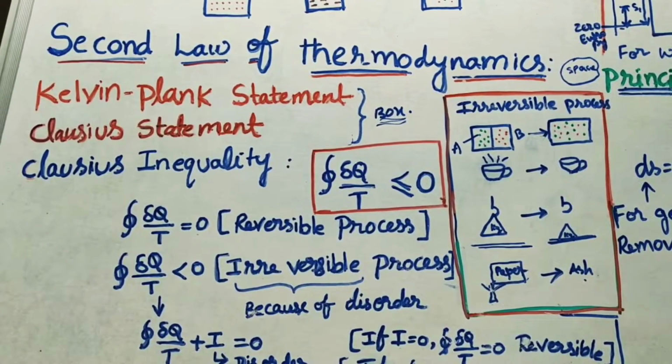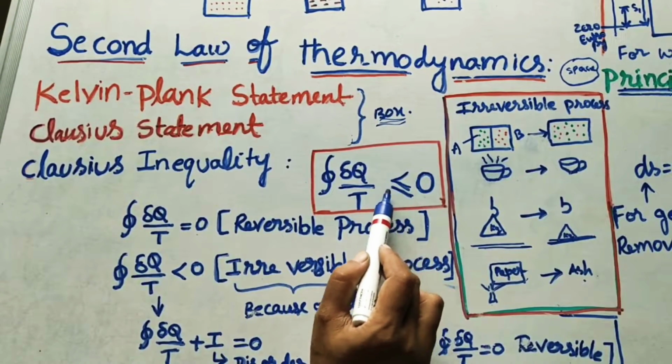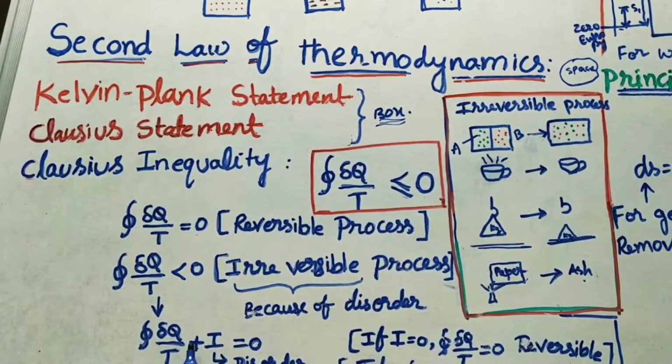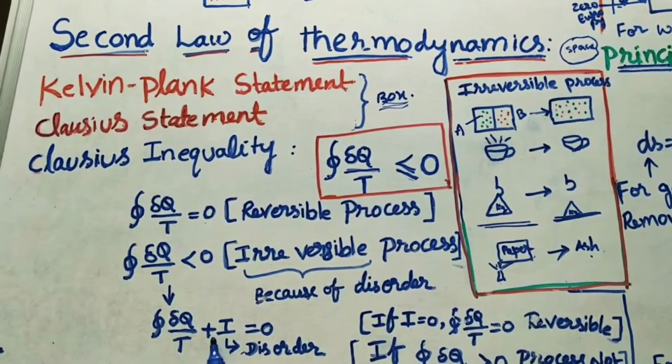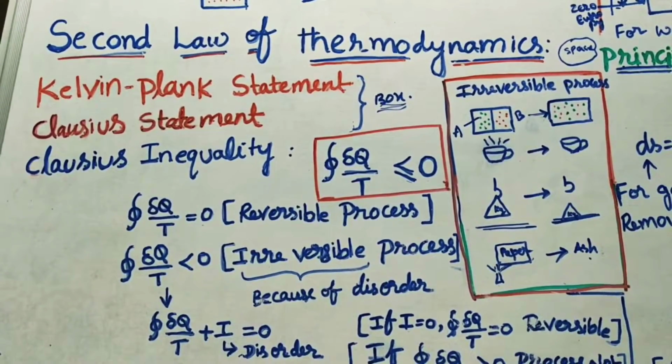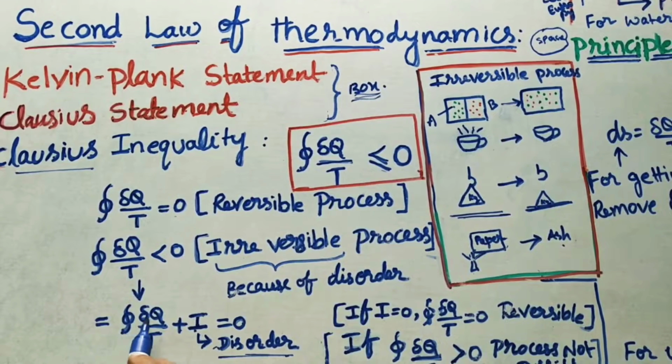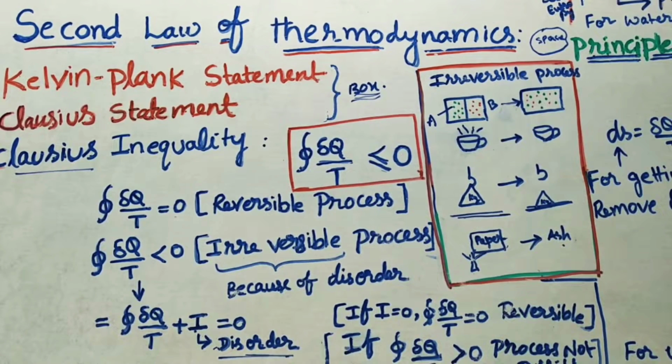Now, for removing the less-than-or-equal-to, we add one term. The circular integral of delta Q by T plus I is equal to 0. For calculating the disorder, Clausius has given this equation in the second law of thermodynamics.